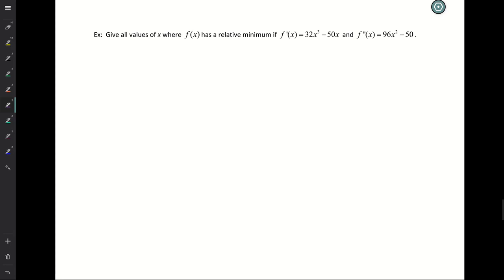We can see, even though we don't know what f of x is, it would be some type of polynomial function. So the domain would be all real numbers. So what we want to do here is, since we're given information already about the first derivative and the second derivative, it seems only natural to use the second derivative test. So I'm going to put that note, use second derivative test to answer this particular question.